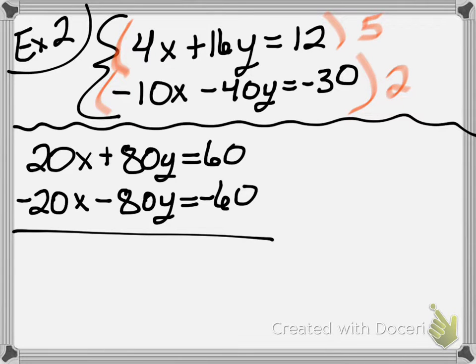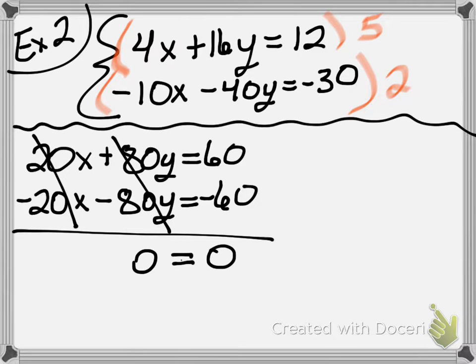Once we add these, combine all these values straight down, I notice that the x's eliminate, which is what I wanted. But I also notice that the y's eliminate. So that means there's nothing on the left-hand side of that equal sign. And when I add the constants together, that also equals 0.